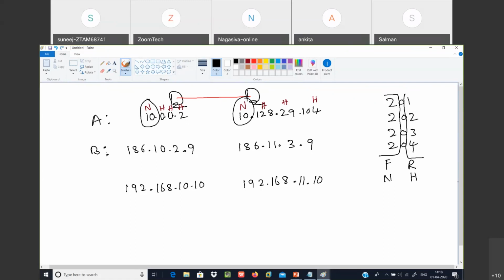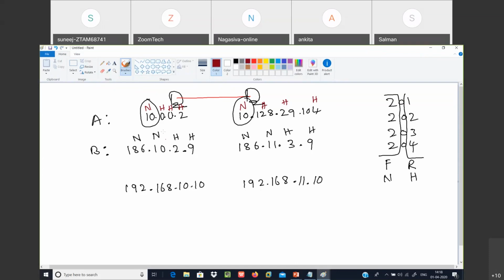Next example. Which class does the next IP address belong to? Class B, right? 186 is class B. So for class B, the first octet is network, the second octet is network, the third octet host, the fourth octet host. For the neighbor PC, the same: network, network, host, host. Now let me check here.